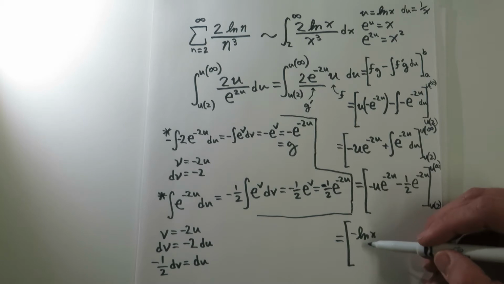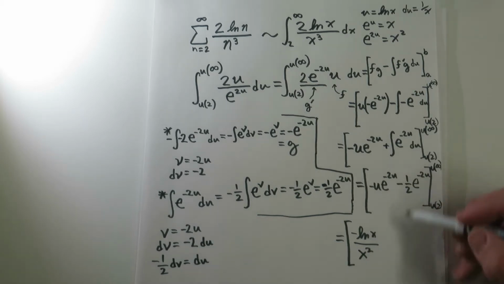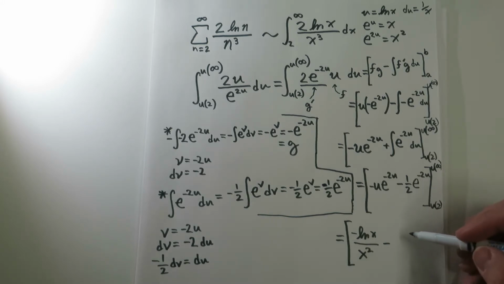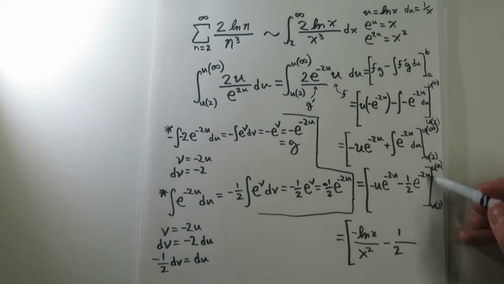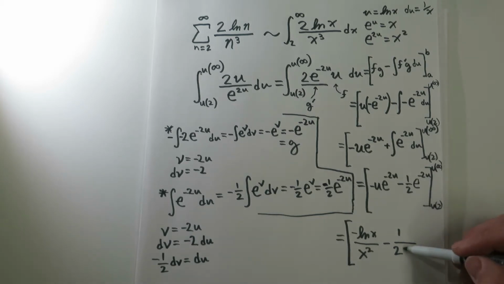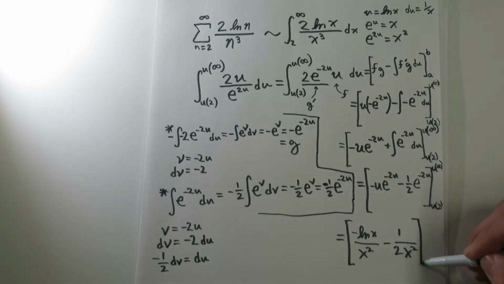So this is going to be over x squared. And this is going to be minus 1 over 2. And again, e to the negative 2u, well, that's just going to be x squared in the denominator here. And because we've plugged back in for u, we can just go back to our original lower and upper bound here. So that's going to be evaluated from 2 to infinity.